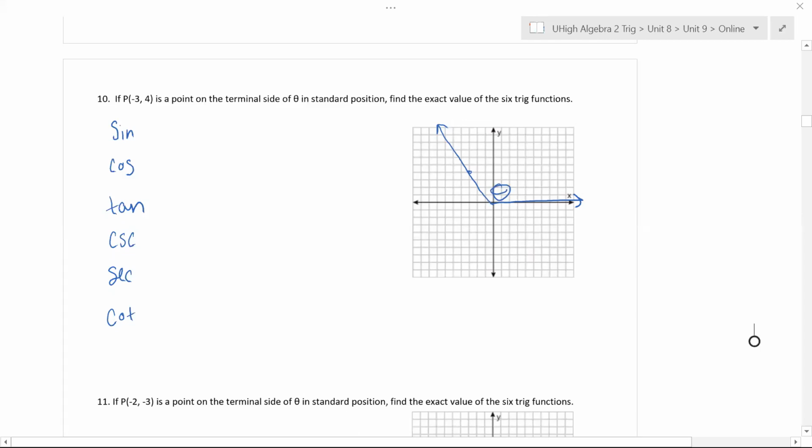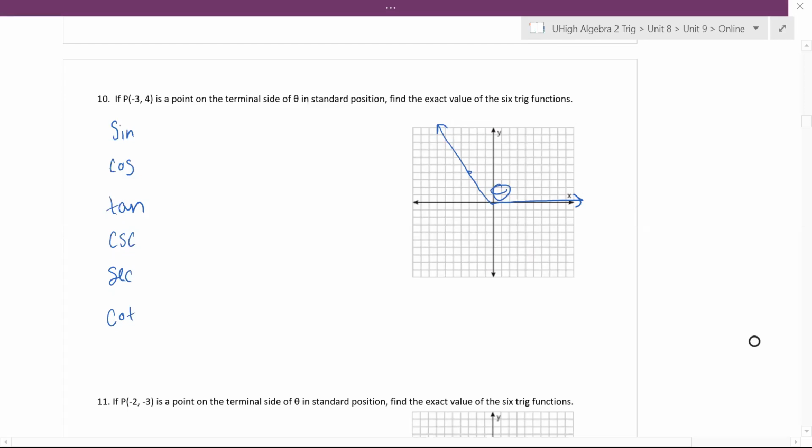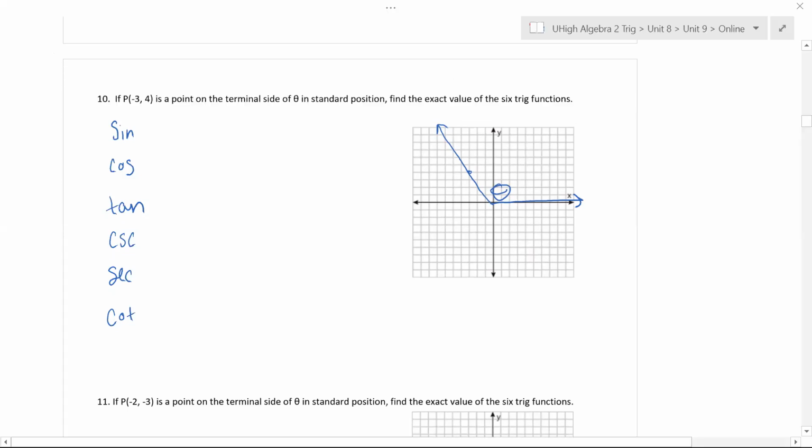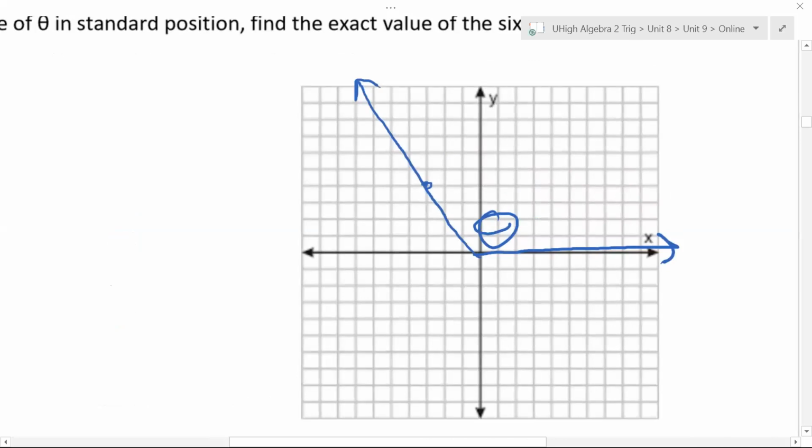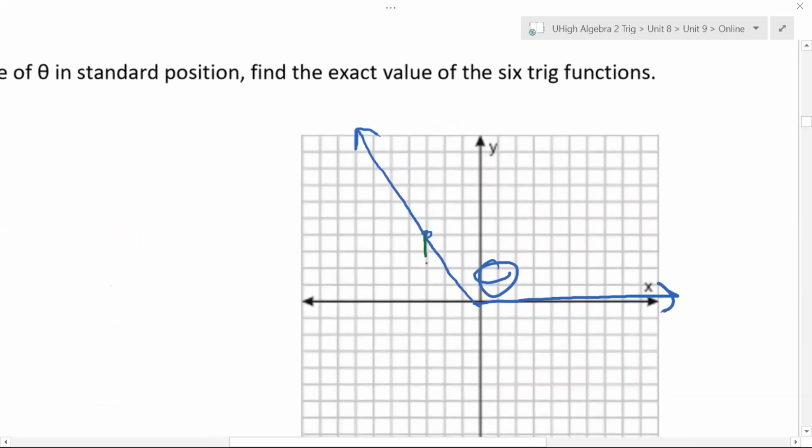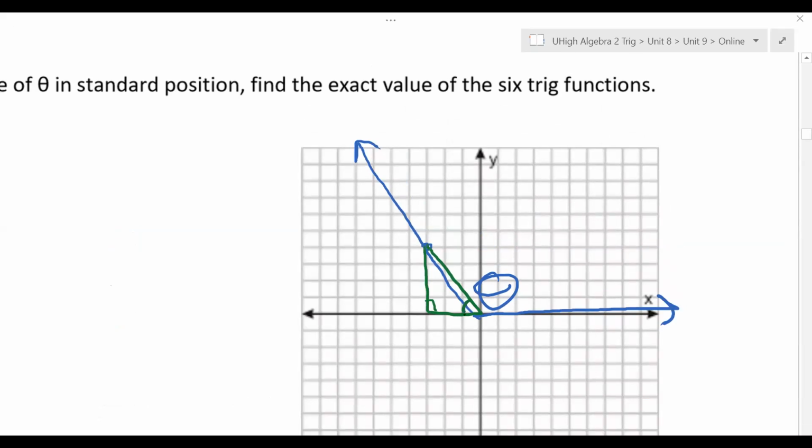But if I'm wanting to find the value of the 6 trig functions, I'm going to zoom in on this image and look at the right triangle that's created right here. I'm going to use that reference angle, from the terminal side down to the x-axis, to help me solve these trig functions.